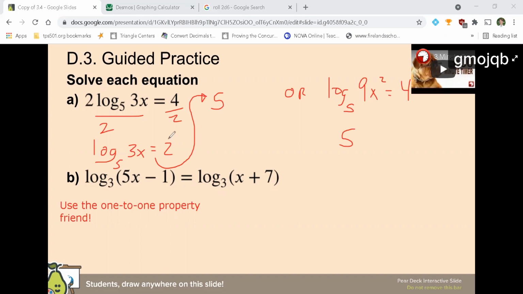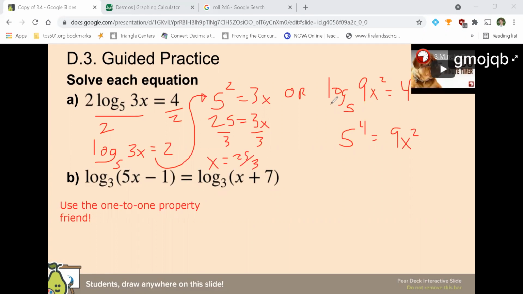What will the power be? 2 equals 3x. Okay, and now that's what? 25 equals 3x. How do I get rid of the 3? And you get 25/3. If you plug that back in, it works. 2 log of 3 times 25/3 divided by the log of 5 is exactly 4. Beep bop, boom.